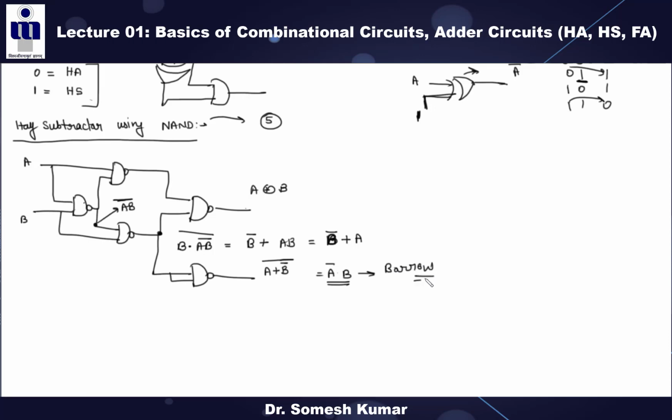So how many NAND gates are required to implement the half subtractor? 1, 2, 3, 4, 5. Similarly, at home you can try the half subtractor using NOR gates. 4 NOR gates are required to implement the half subtractor. In the similar way, we can design the full adder and the full subtractor.